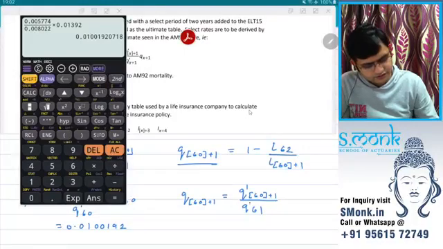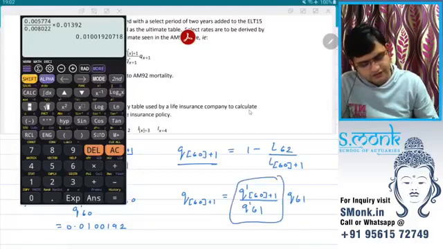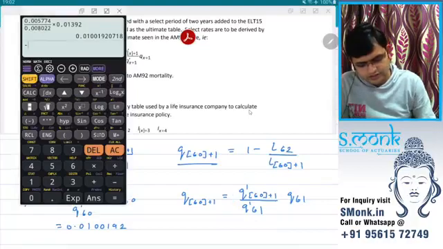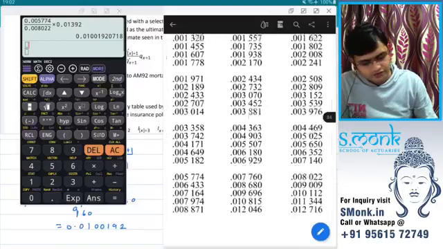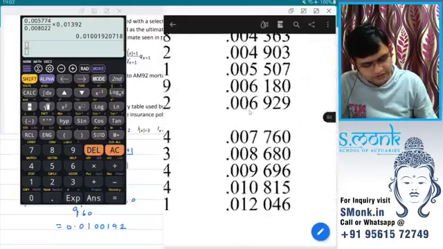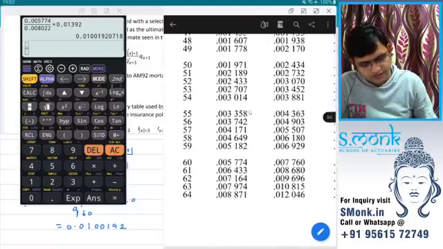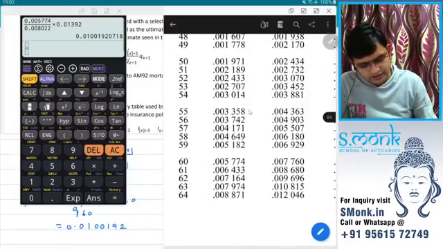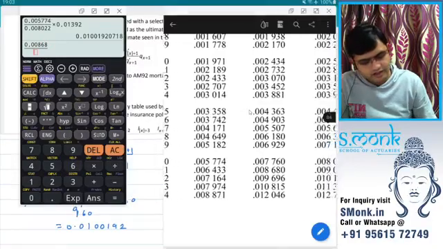And here we just get 61 and Q60. Let's find this from the AM92 table. From the AM92 table, I want select 60 plus 1. That is the middle column for 61, 0.00868 divided by ultimate 61.